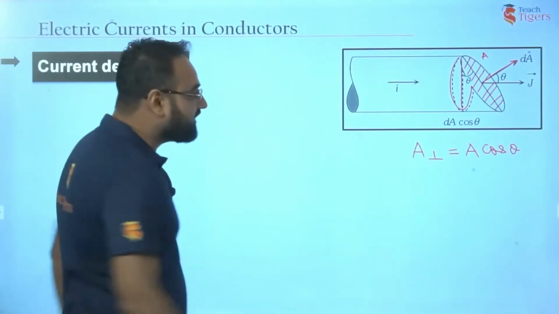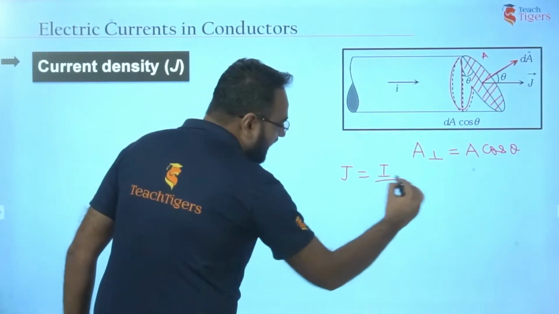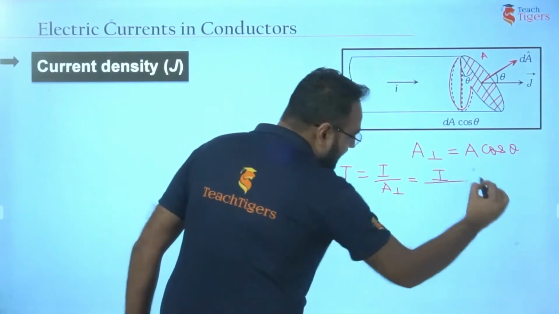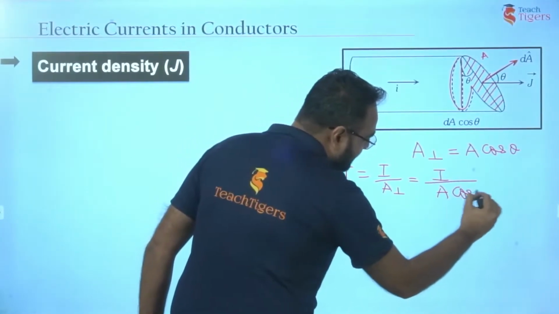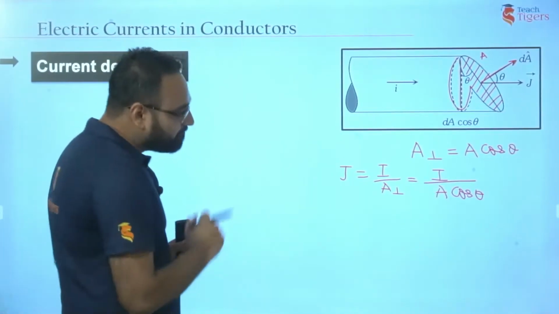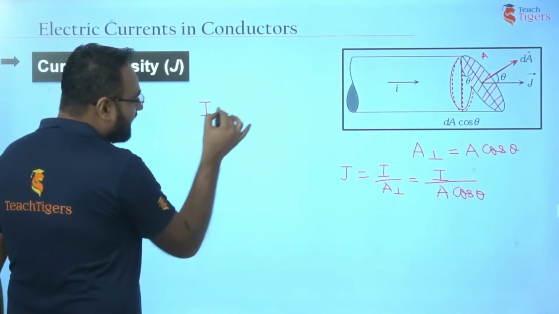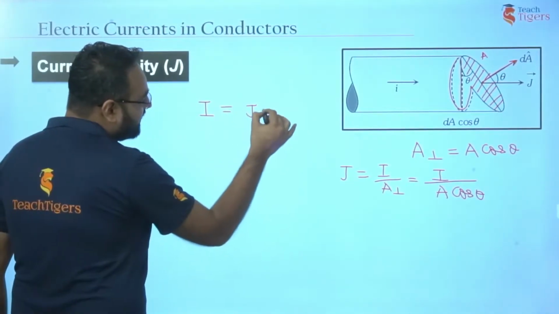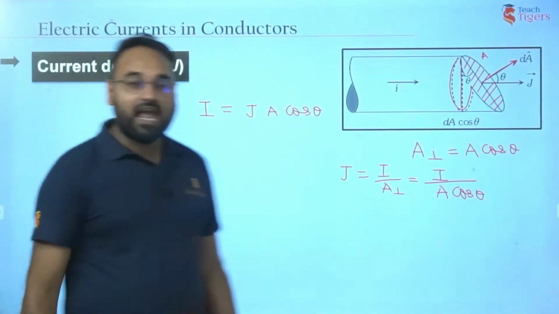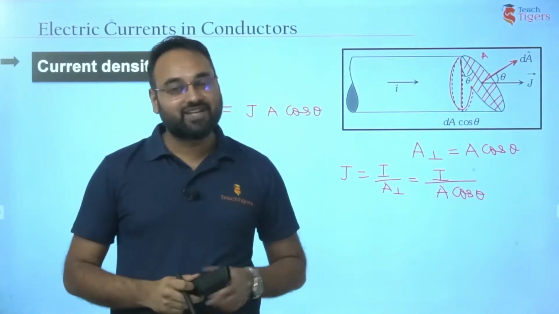So current density J will be I by A perpendicular, that is I by A cos theta. If I move the term A cos theta here, I get I is equal to J A cos theta. And my dear friends, this current density is a vector quantity. That is the key.